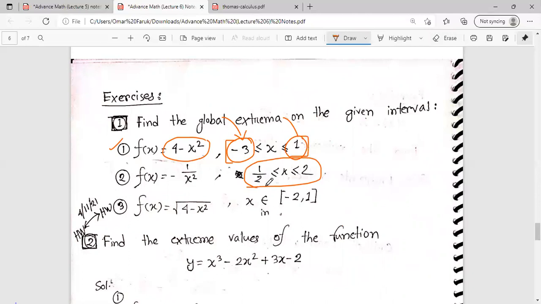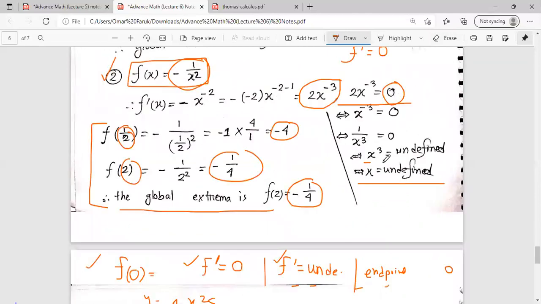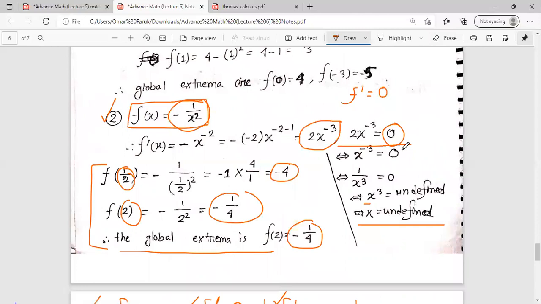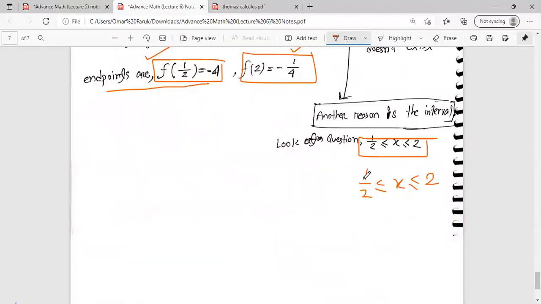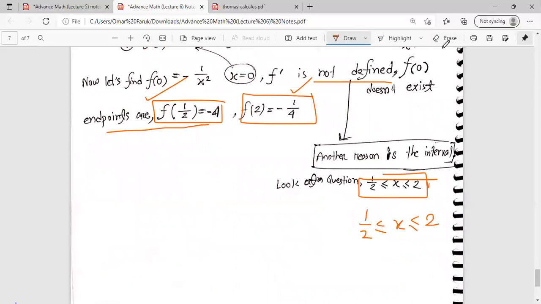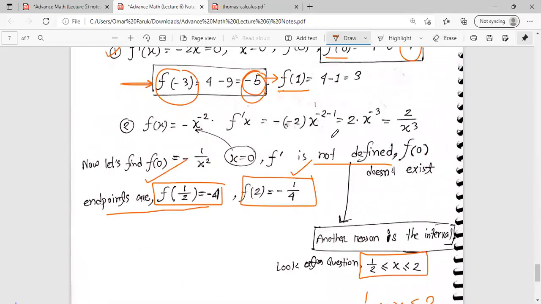But here we found 0, or here we are calculating 0. So 0 is not included in this interval. That's why this function is not defined, or our f of 0 is not defined. So our extreme values are this one and this one, okay?